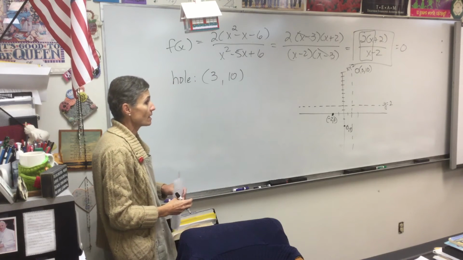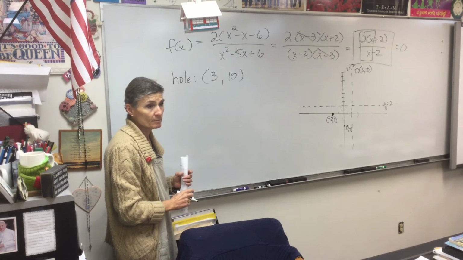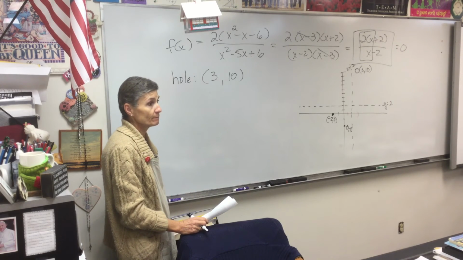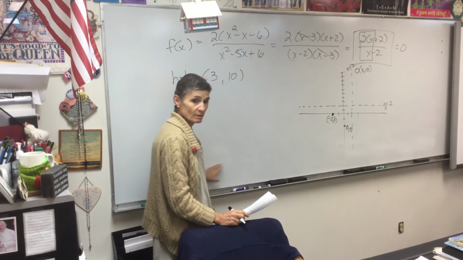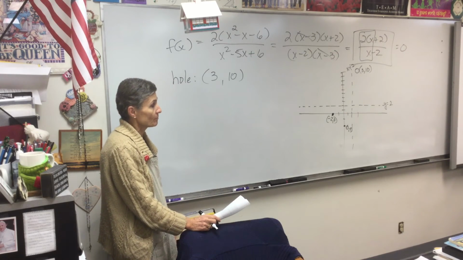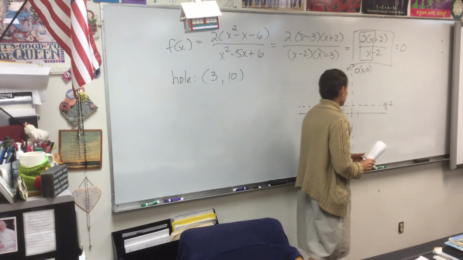If the power on top is smaller than the power on the bottom, then your end behavior asymptote is y equals 0, right? But if the power on top is bigger, that's when we do the division and get the slant asymptote. This one, the powers match, so we got a nice little horizontal asymptote at 2.